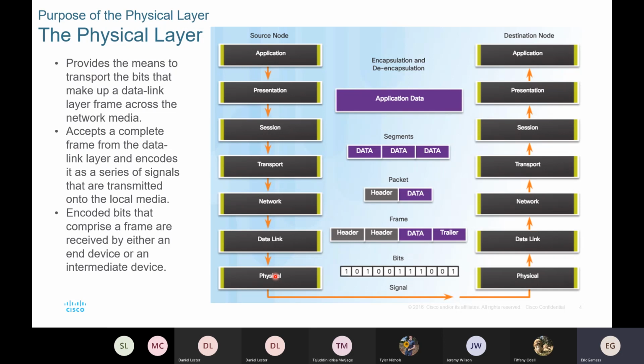What we are going to do is encode this series of 0 and 1 in a signal that can traverse the medium. The signal will depend on the medium, as we saw last time. The device that receives the frame will do the inverse operation. It will decode: it receives a signal and transforms it into a series of 0 and 1. This is called decoding.